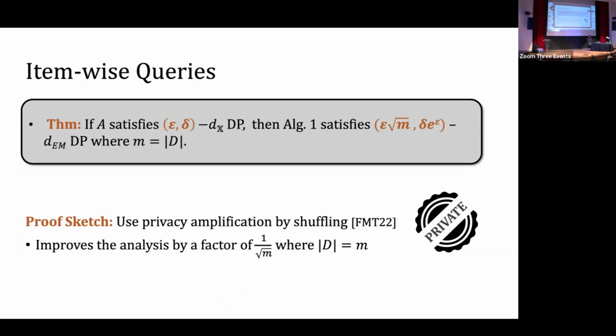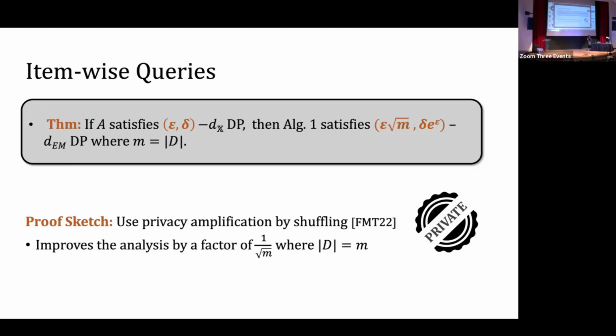We are able to show that the proposed algorithm satisfies Earth mover's distance metric dp with a privacy parameter that has a multiplicative factor of m, where m is the data set size. Now, the key idea here comes from the last step of shuffling the data. This allows us to leverage the privacy amplification by shuffling result. So privacy amplification by shuffling is a beautiful result in standard DP, and Kunal also talked about it a little bit in his talk today.